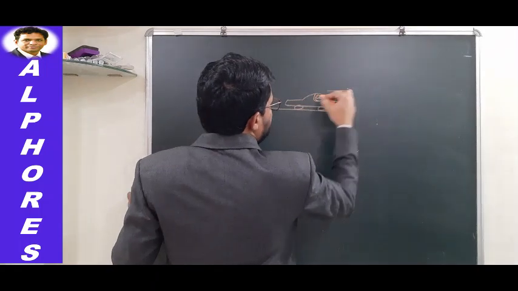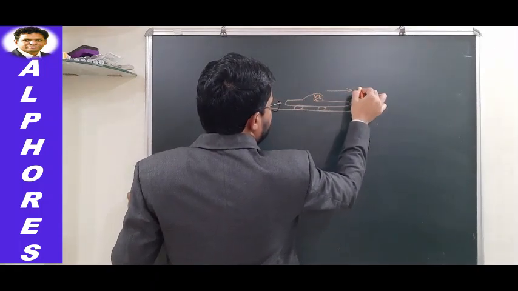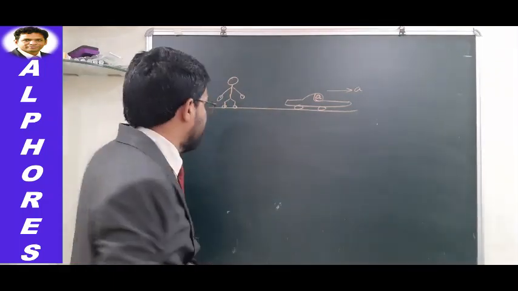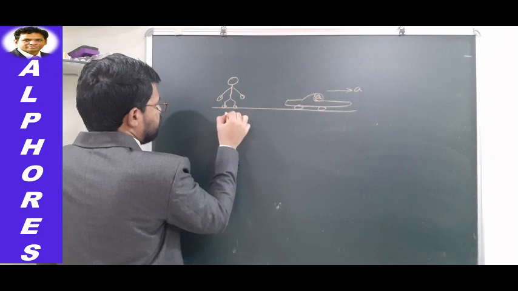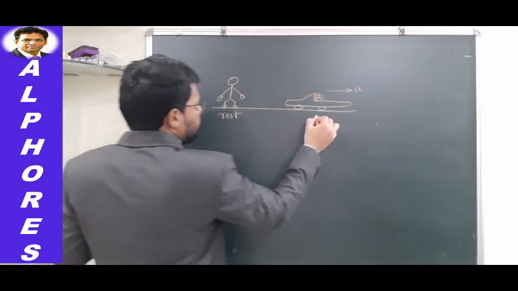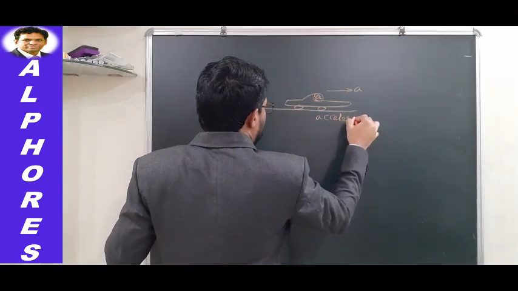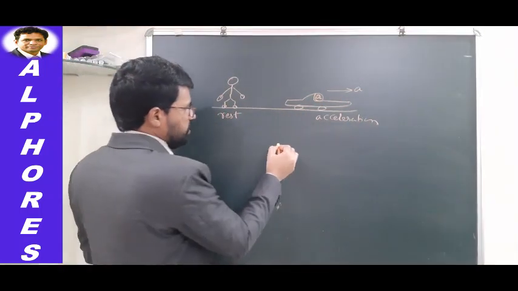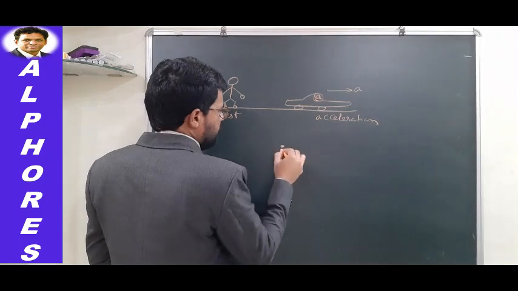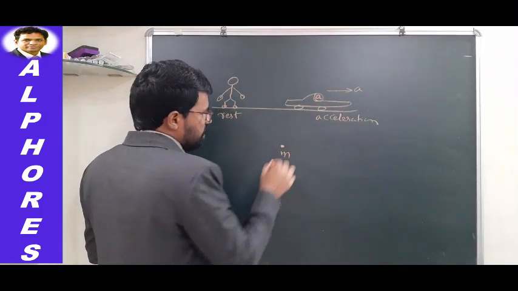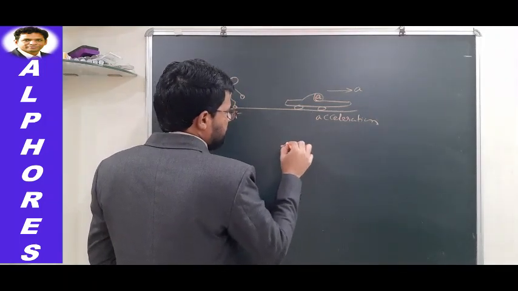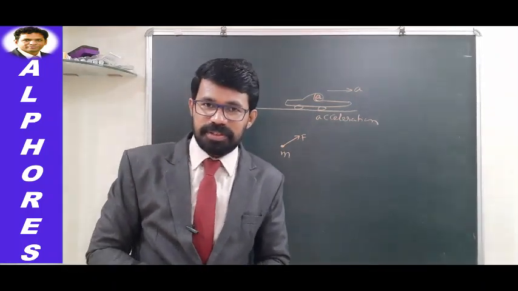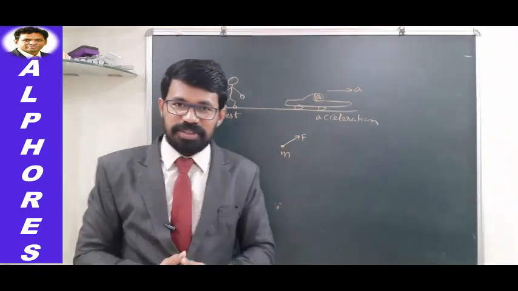Let us say it is undergoing an acceleration equal to some A. So the car is going with an acceleration A, and this person is at rest in the car. These two people are observing another body somewhere here. Let its mass be m. Let this body be acted upon by some force along this direction. It might be acted upon by several forces, but let us say the net force is along this direction.